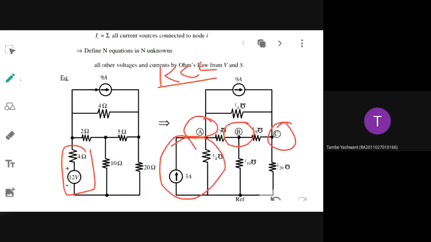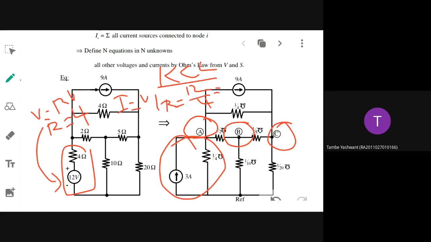V is given to be 12 volt, R is given to be 4 ohm. So they found current by V divided by R, that is 12 divided by 4, equivalent to 3 ampere. They have connected the resistance in parallel. This technique they used to convert the voltage source into a current source, so that it will be easy to write down the matrix. For that purpose only they have used source transformation.